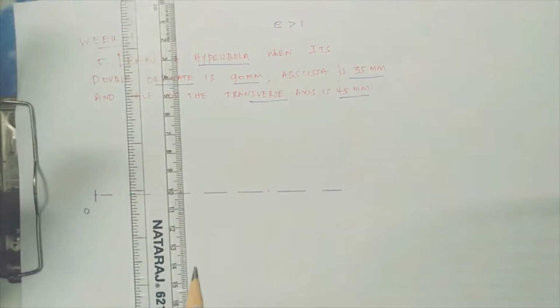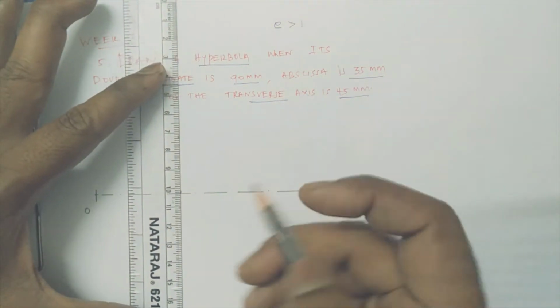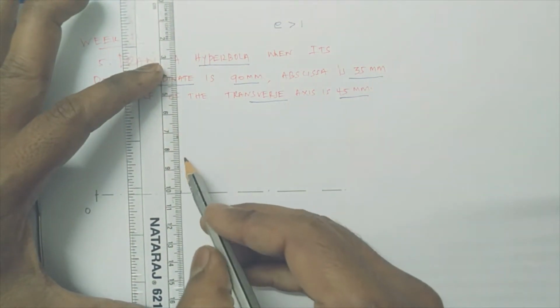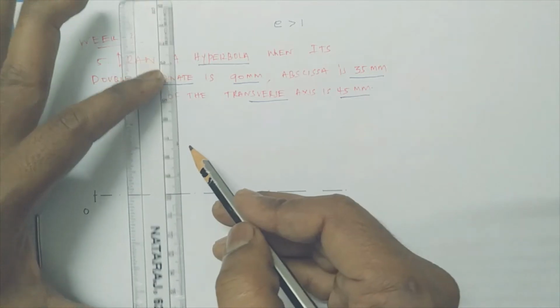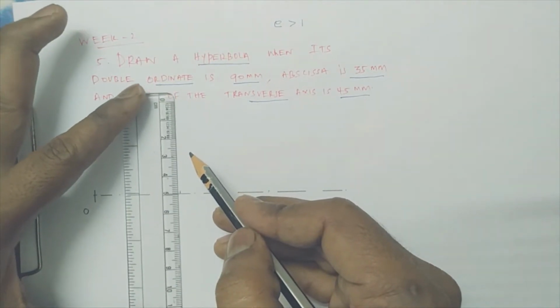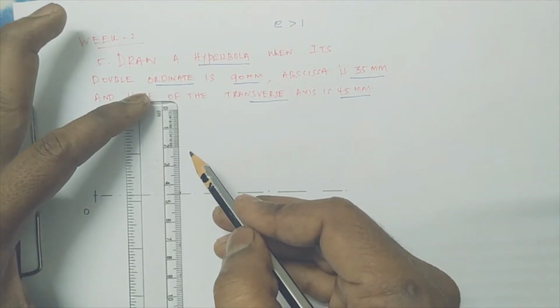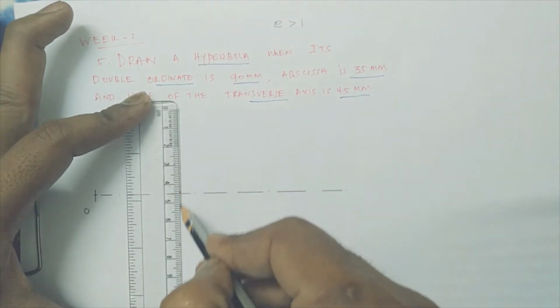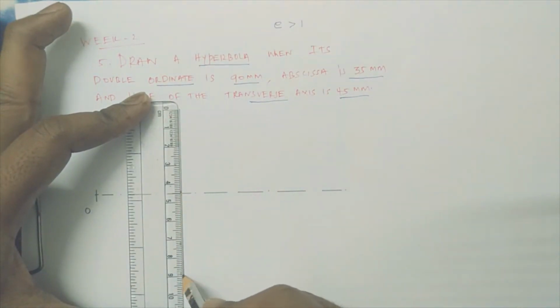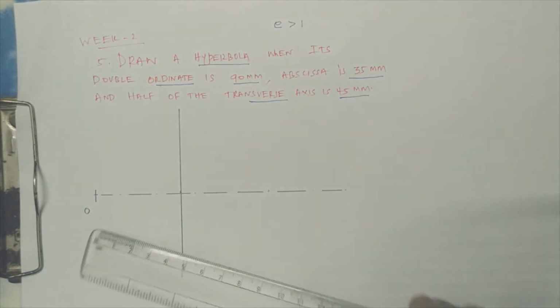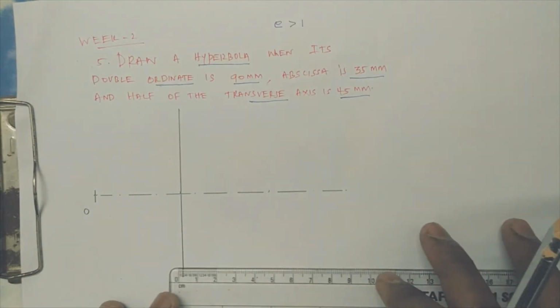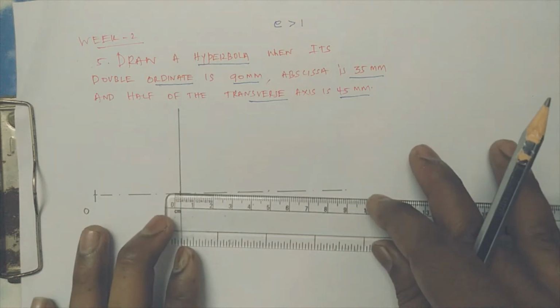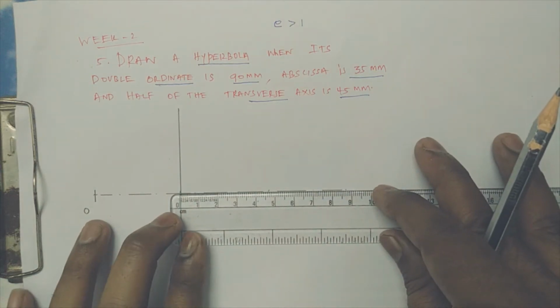Now I make a vertical perpendicular line that is 90 mm. Similarly, the abscissa is 35 mm, so the horizontal distance is parallel to this line.